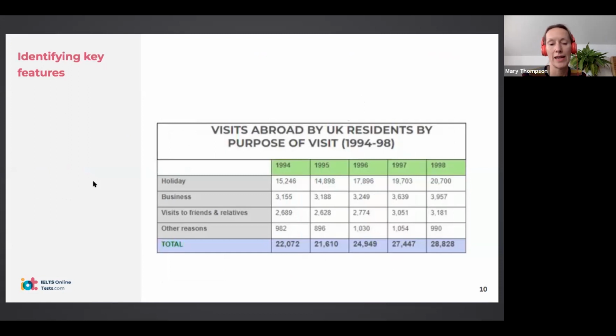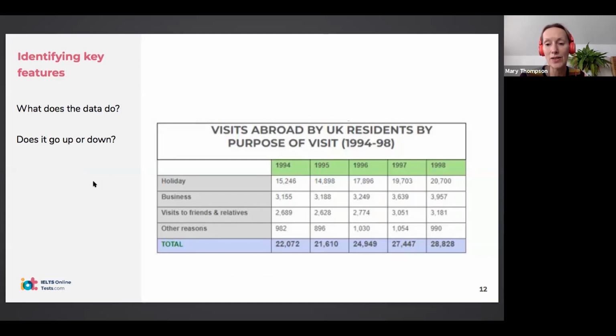So now just looking again at identifying key features. Right, so what does the data do here? What happens to the numbers in the boxes? In other words, does it go up or down? Yeah, it goes up, that's right. So if you have a quick look at that, the holiday figure goes from 15,246 in 94 to 20,700 in 1998.